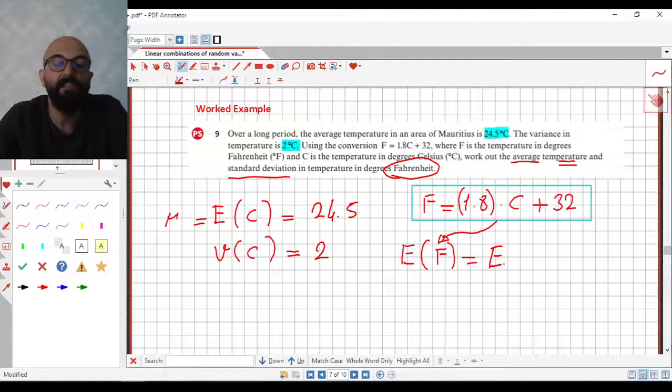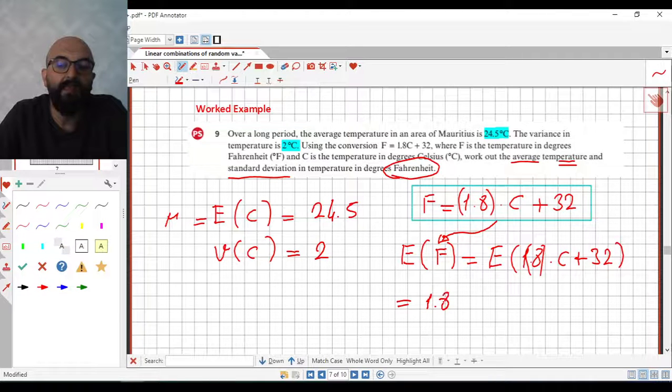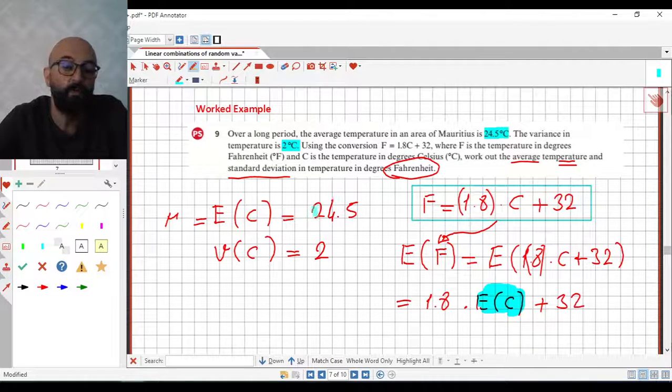So the expectation of 1.8 multiplied by Celsius plus 32 means 1.8 multiplied by the expectation of Celsius plus 32, and we can write 24.5 instead of the expectation of Celsius.